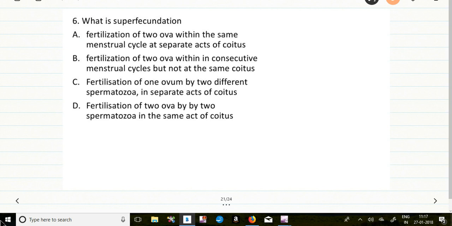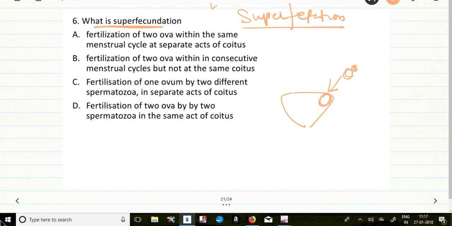The last question, what is superfecundation? Now there are two terms again, superfecundation and superfetation. The difference between these is that one embryo has already formed, one oocyte has been fertilized by a sperm, and it has already started to grow, it has already implanted.